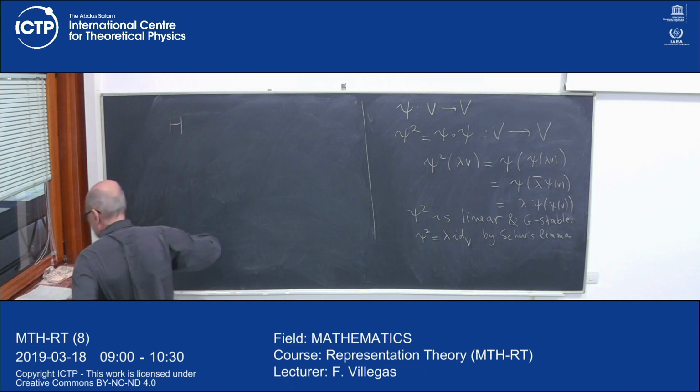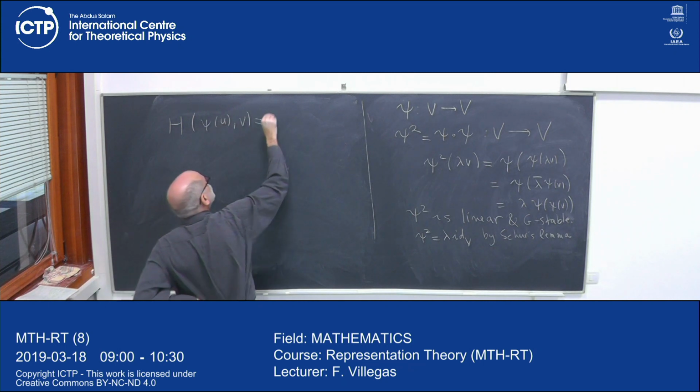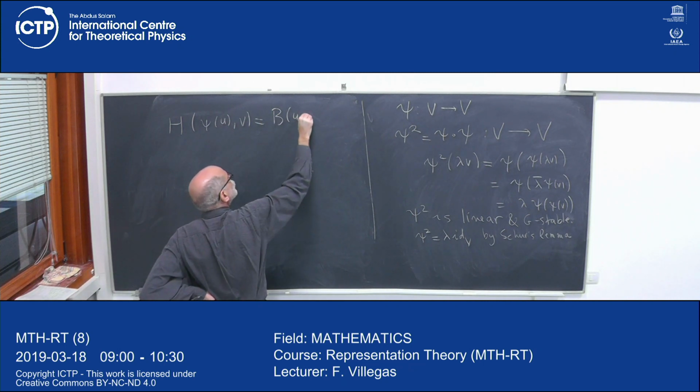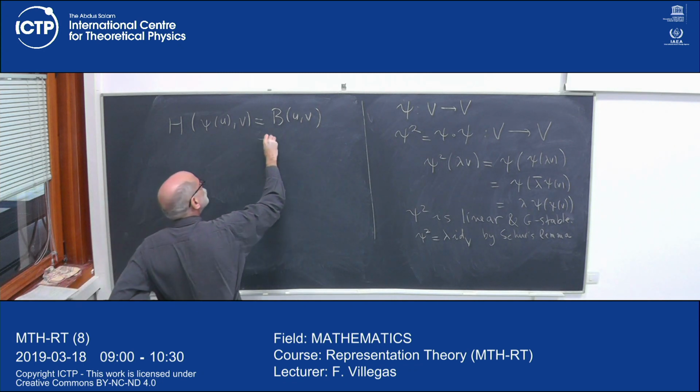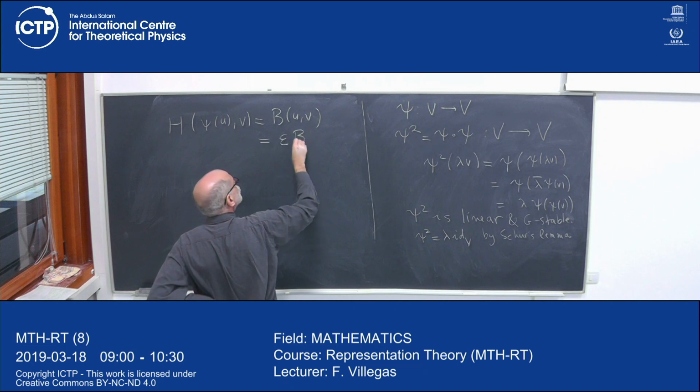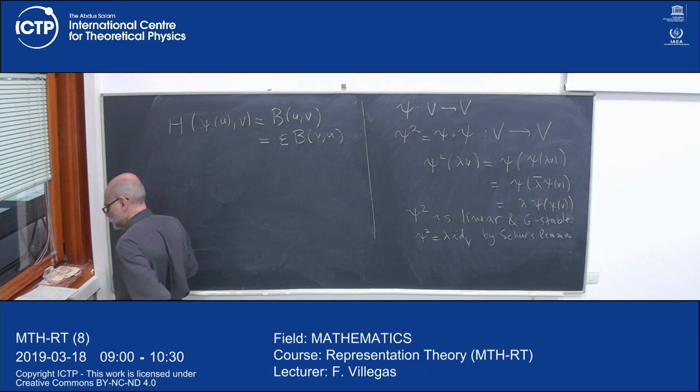So h of psi of u, v is h of v, u by construction, but that is epsilon of h of v, u. Epsilon is plus or minus 1.